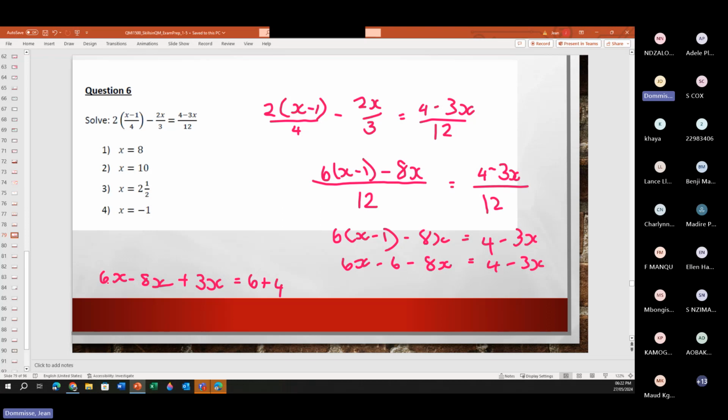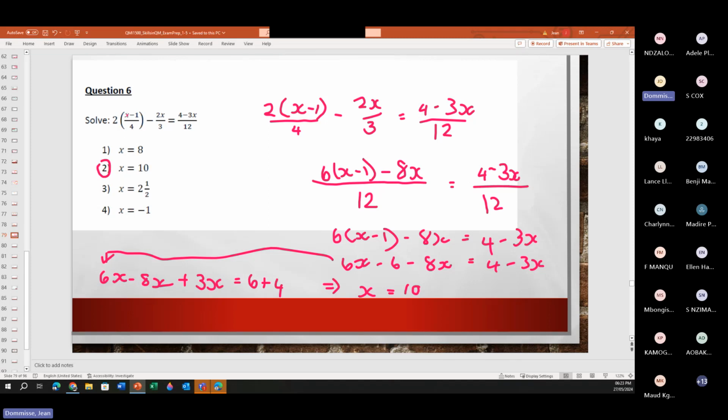So on this side, we've got 6x minus 8x, so that is minus 2x, plus 3x. That means that we've got x is equal to 6 plus 4, which is 10. Okay, which is option 2.